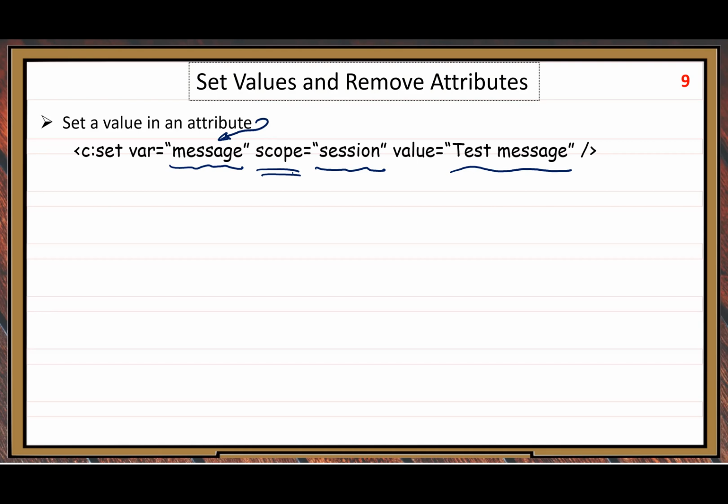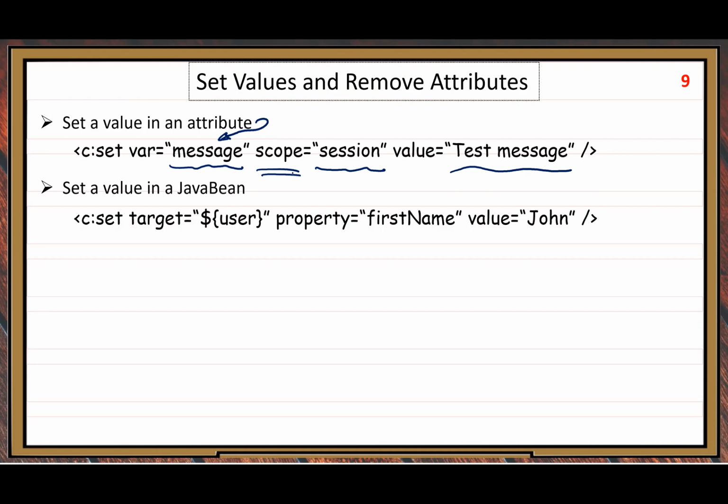In JavaScript, we can set attribute data, right? So here in the tag environment, you can also set attribute values. Set a value in a Java bean. c:set, target. You use EL to refer to your Java bean user.